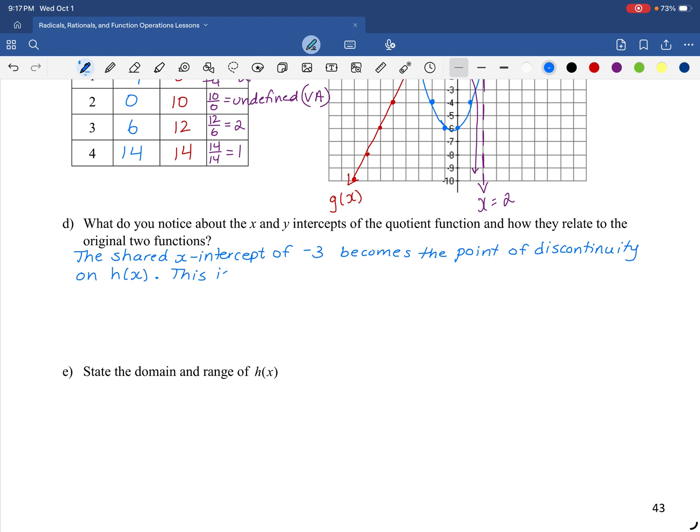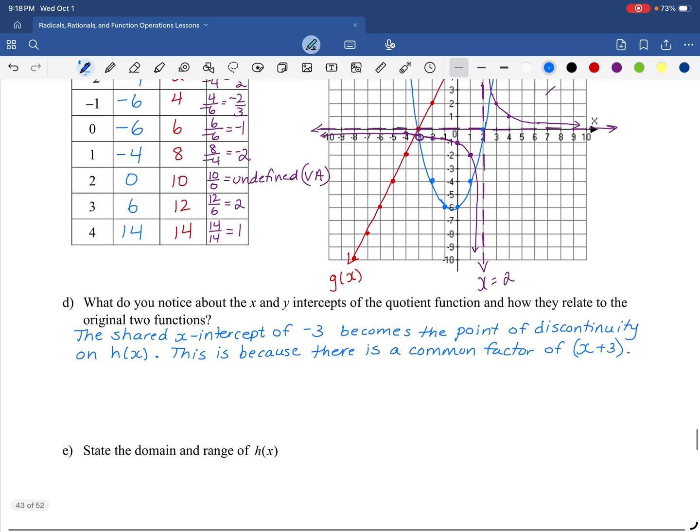This is because there is a common factor of x plus 3. Okay, so because it was a shared x-intercept, both f and g had that x-intercept. That's why we have that common factor, which of course is creating that discontinuity.